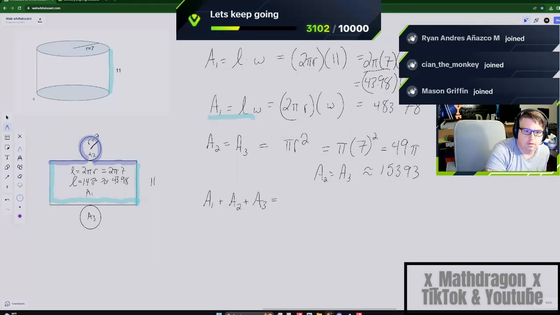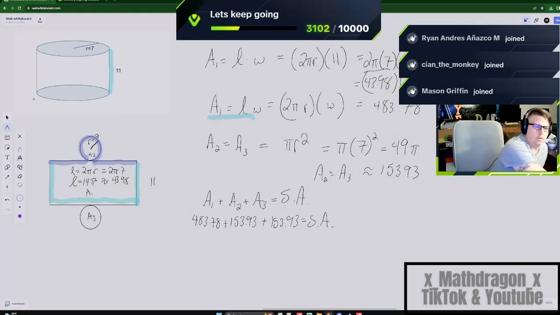Okay, so now A1 plus A2 plus A3 will give me the surface area of this can. So we're going to do 483.78 plus 153.93 plus 153.93 equals surface area.